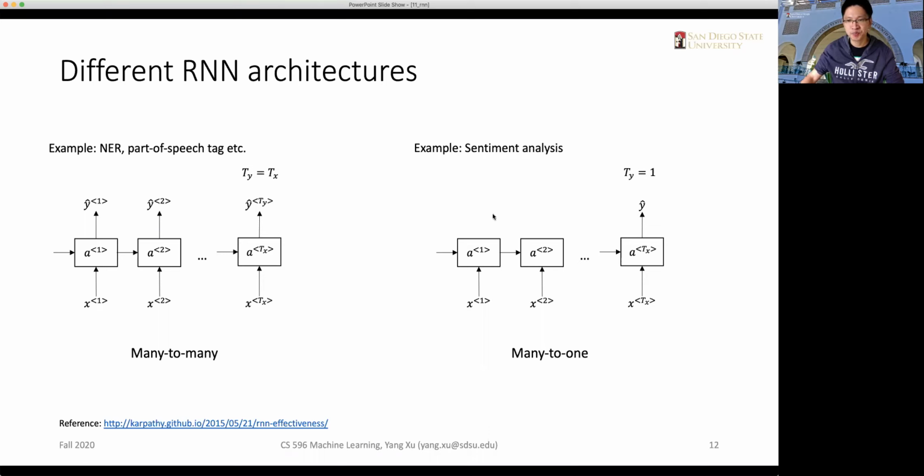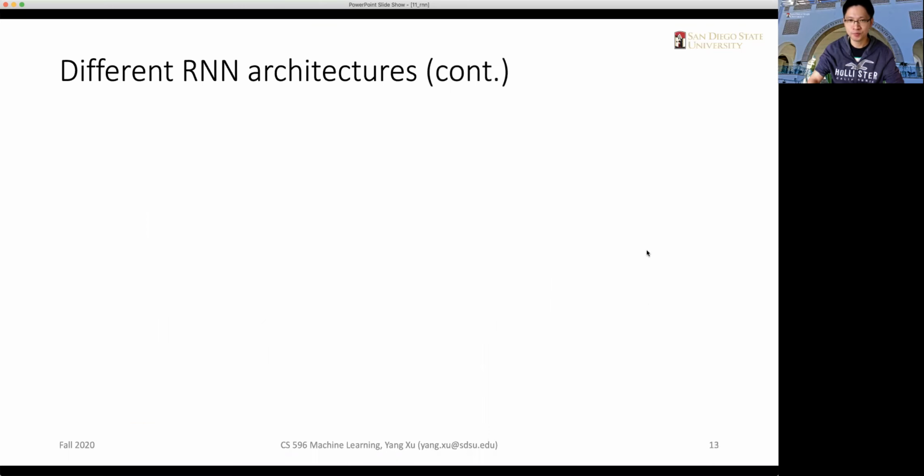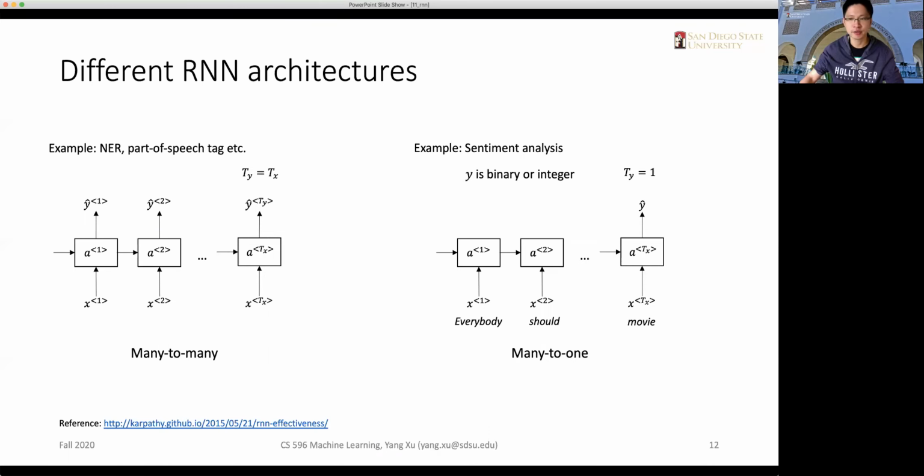If we look at the architectures here, you'll see that there's no need to have an output for each time step. All we need is to let the first word or the first element be the first input, and we take the outputs from the first time step and reuse this activation from the previous time step in the next time step.